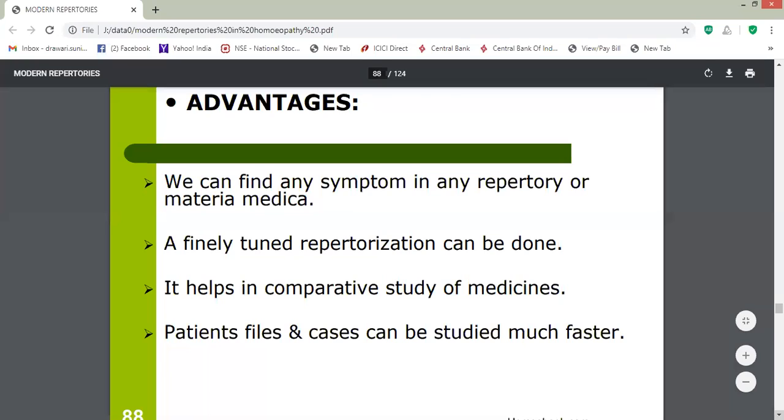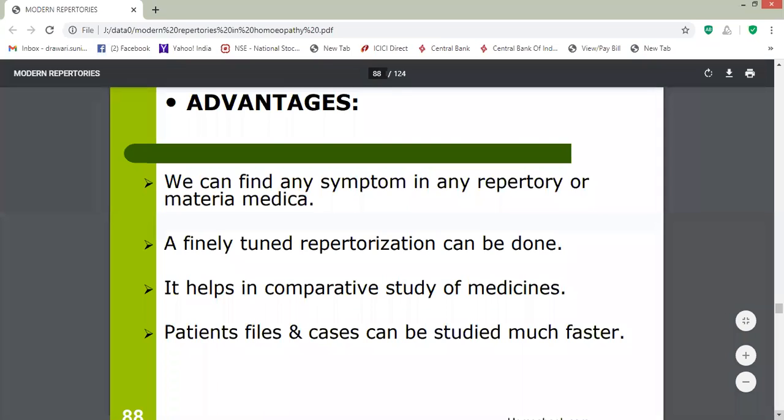Useful to analyze the case, to group the symptoms according to the philosophy of the repertory which we are going to use for repertorization. Then useful to make your own materia medica for clinical use.